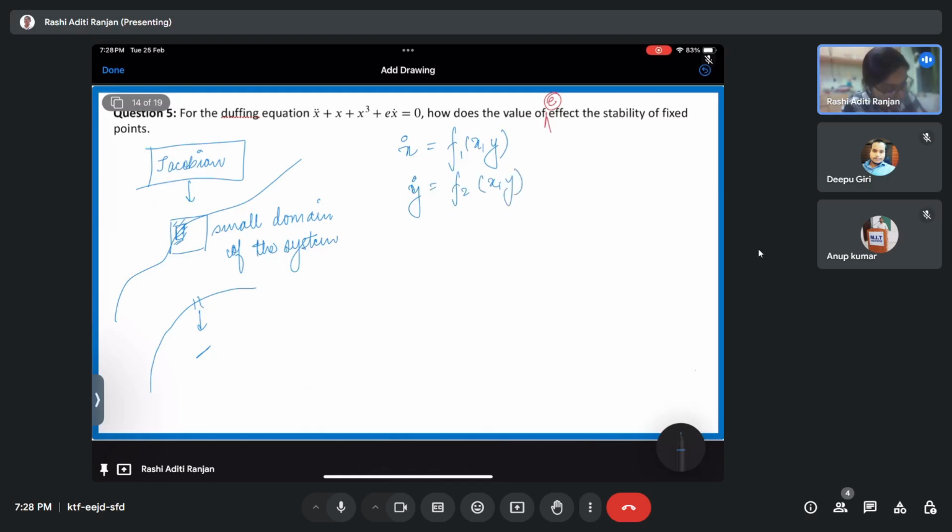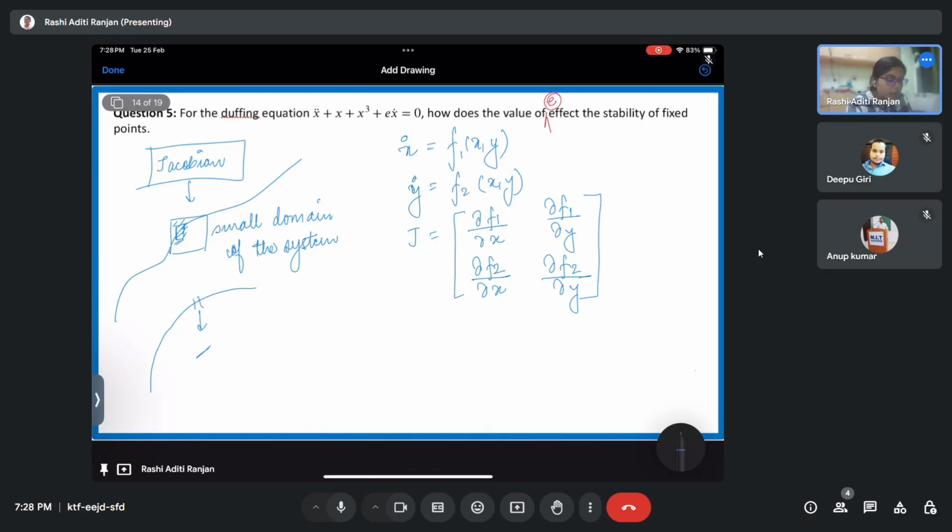My Jacobian can be written as the partial derivative of f1 with respect to x, partial derivative of f1 with respect to y, partial derivative of f2 with respect to x, partial derivative of f2 with respect to y. You can also apply the Taylor series expansion. It is going to give you the same thing. But the Jacobian is essentially the matrix form.